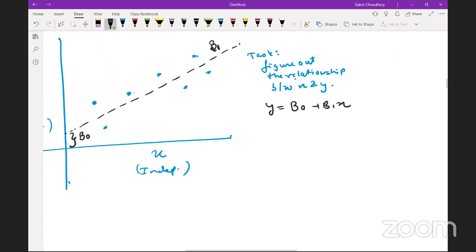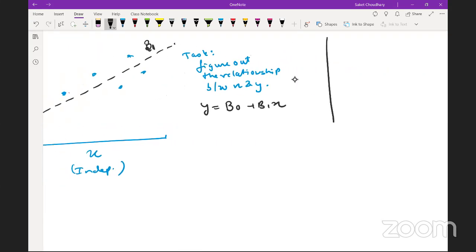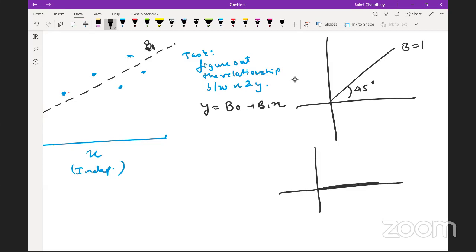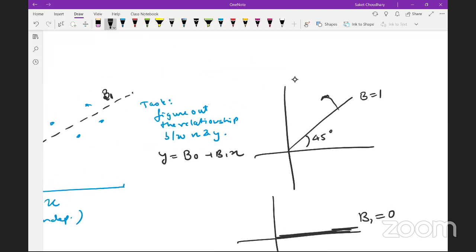So what does slope mean? A slope means essentially this. If the slope is 1, then this is 45 degrees. If the slope is 0, that means beta 1 is 0, and all the intermediate values follow. So slope increases in this direction.